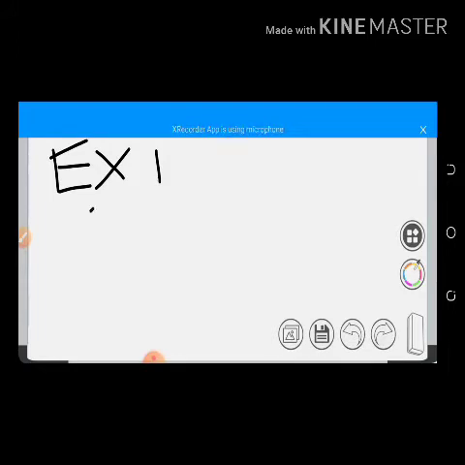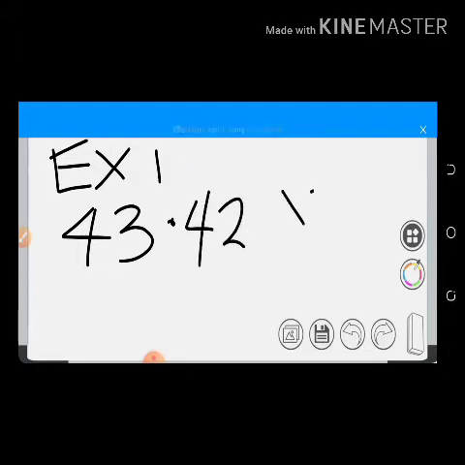Let's say we have something like 43.42 times 100. Where you are asked to multiply this number by 100, all you need to do is move the decimal point.